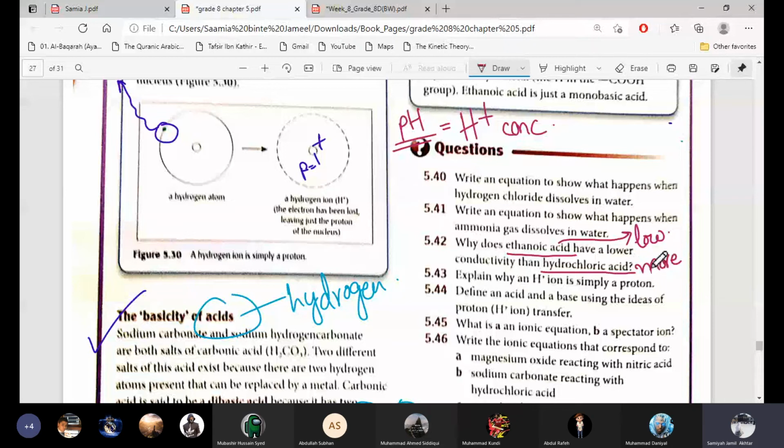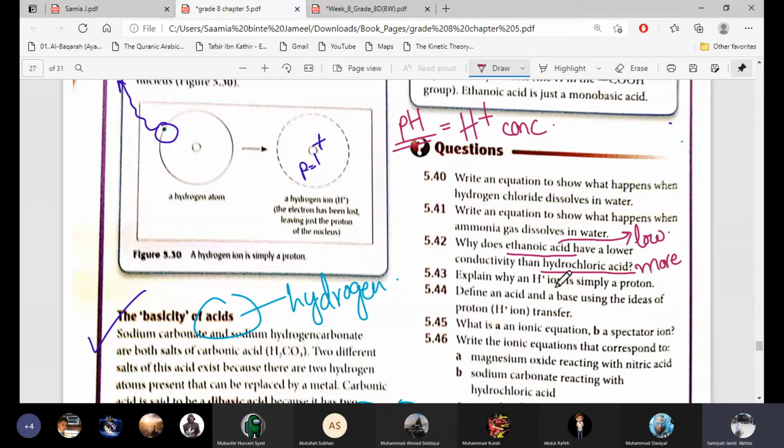That is why ethanoic acid has lower conductivity, because of the low number of ions. You have to tell it in reference to hydrogen ion concentration. Ethanoic acid dissociates less, so it gives fewer ions and less conductivity. Hydrochloric acid gives more ions, more conductivity.